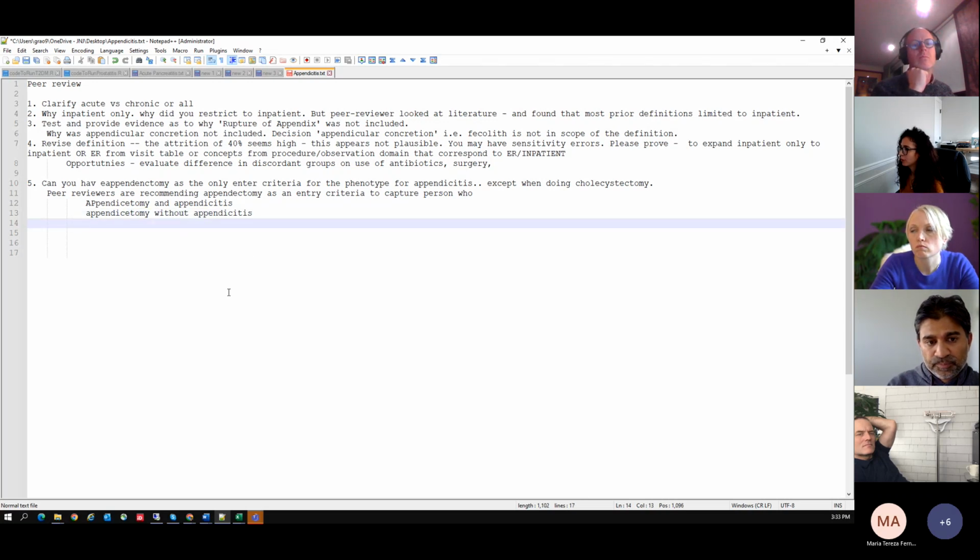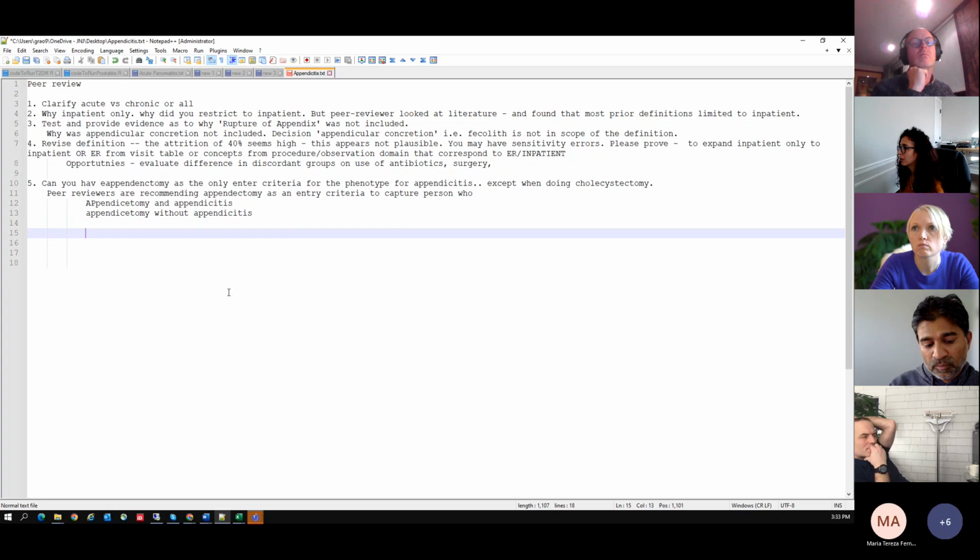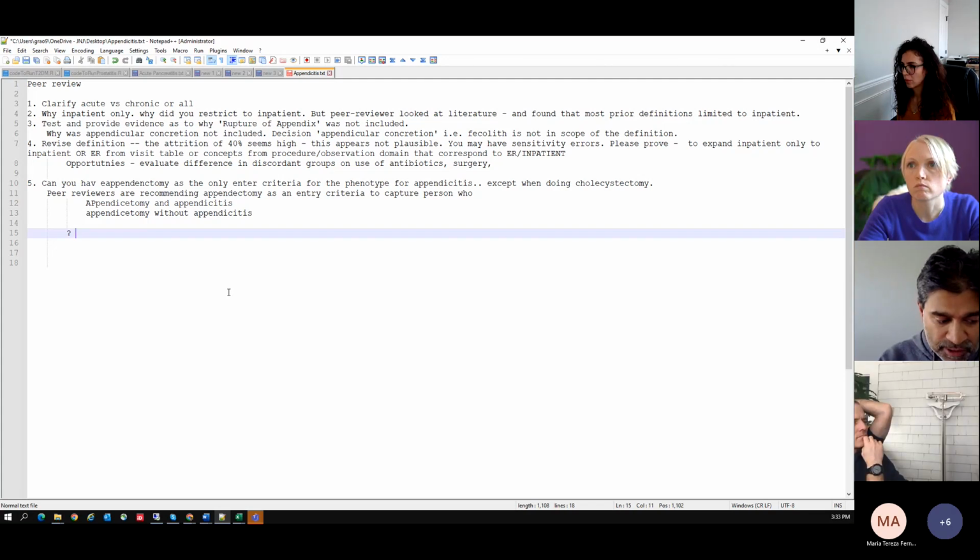No, we will have surgery as a procedure on its own, but you're not going to see it reflected in the visit type, right, Gautam? Yeah, it is possible that some people would have anesthesia procedures and appendicectomy procedure codes, but not be part of the visit equals inpatient or visit equals ER, and that's an ETL challenge.